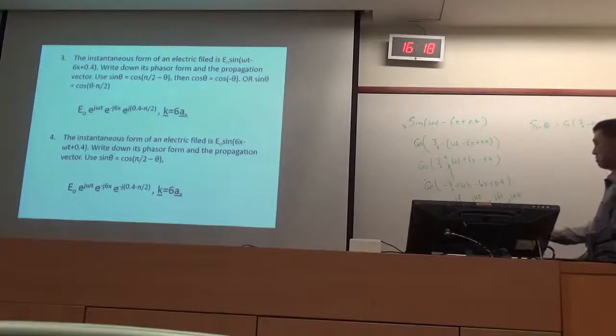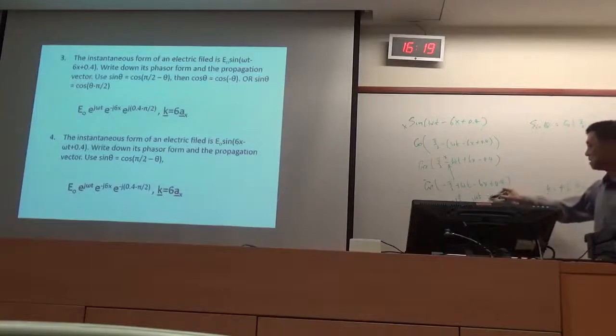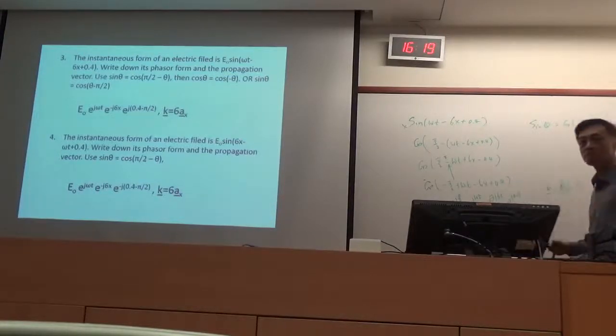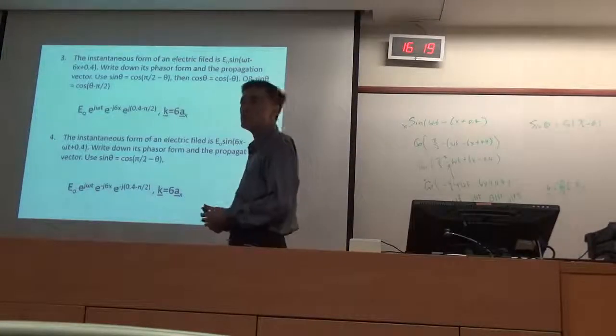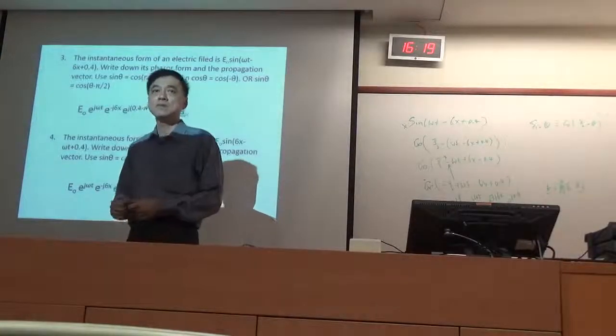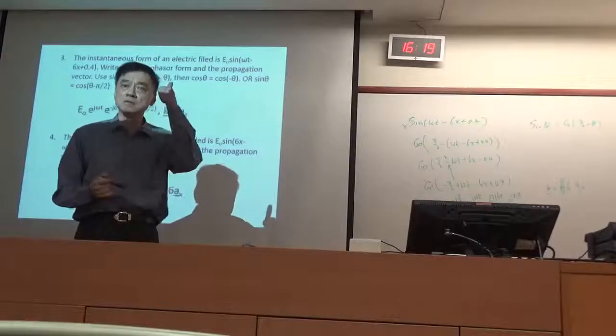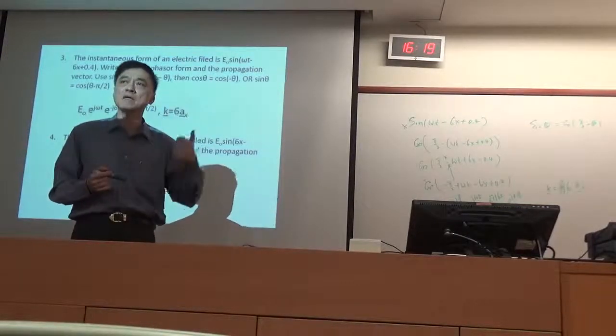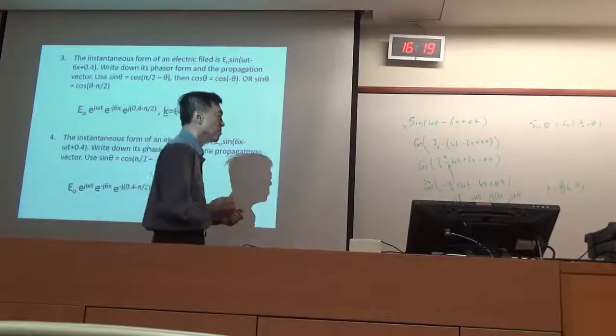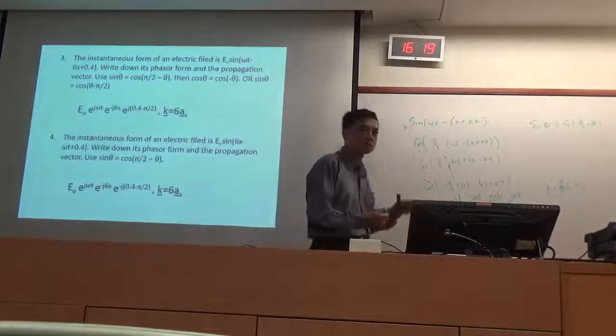So now the propagation is k equal to plus 6ax. Remember this minus, this plus. Alright? So basically, remember, the standard term is cosine and omega t must be positive.